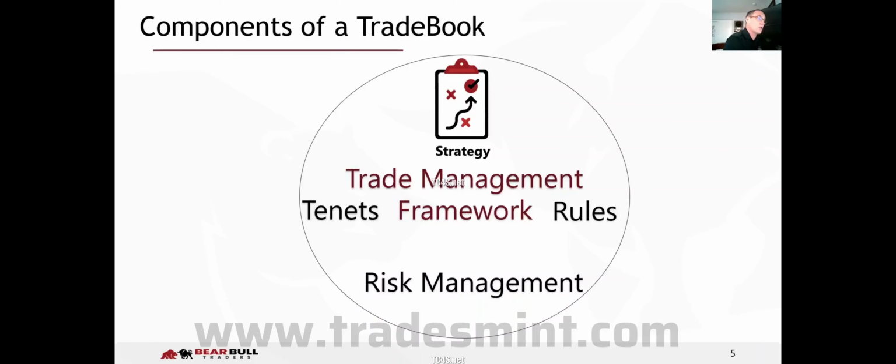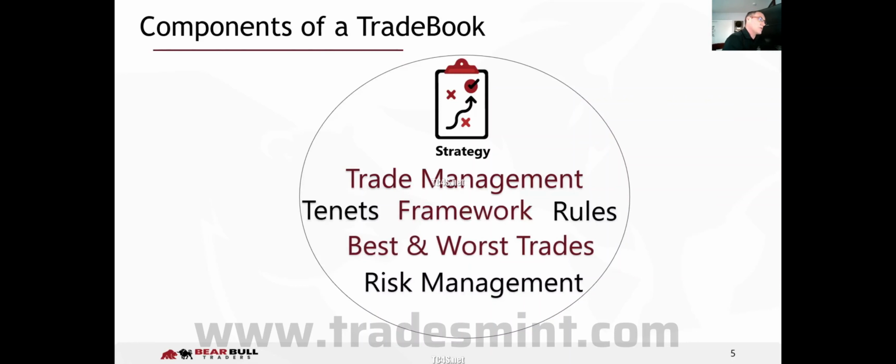Therefore, your return on it can be much greater, which means how you manage that trade is going to be completely different per the strategy. So when you're developing your trade book, you want to make sure that you identify what your trade management strategy is going to be.